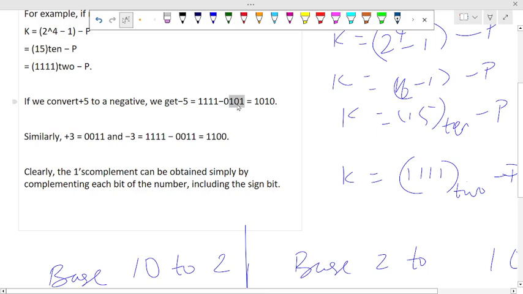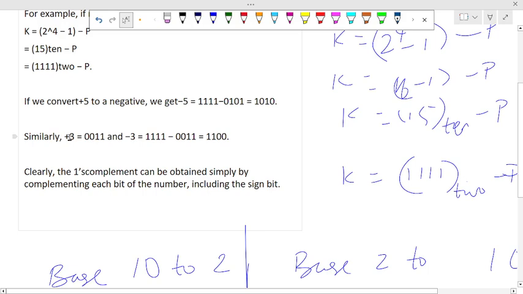And this is truly the positive of the number 5. So, the 1's complement of minus 5 is what? This 1111 minus this number. And that will give you this. So this is the 1's complement of minus 5. Make sense? Alright.